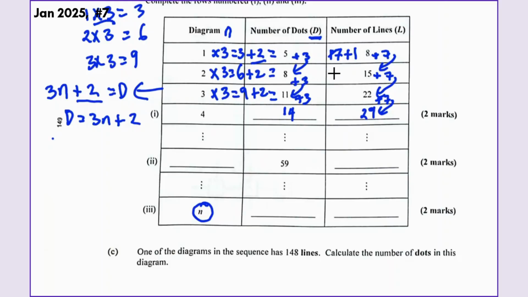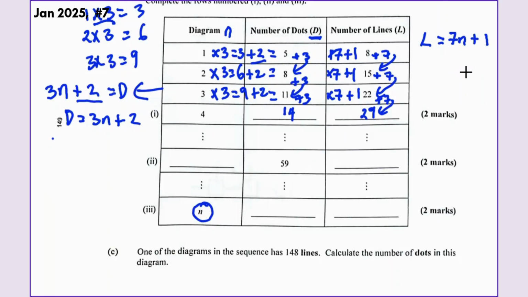Same thing here. 2 by 7 is what? 14. And then you have to add 1 to get 15. And it's the same thing at the bottom here. 3 by 7 is 21, and then you add 1 to get 22. So the relationship, therefore, between L and N, in this case we are multiplying by 7n, and we are adding, instead of 2, we are adding 1.